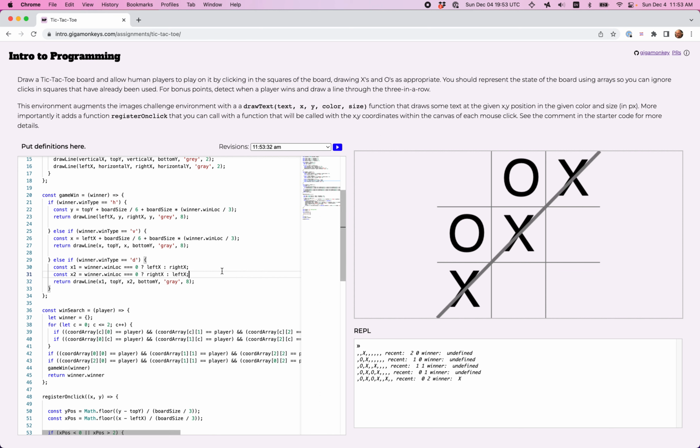Yes. Okay, so this time I replaced math with some logic, which was if the special diagonal win location was 0, it goes left to right, otherwise right to left.